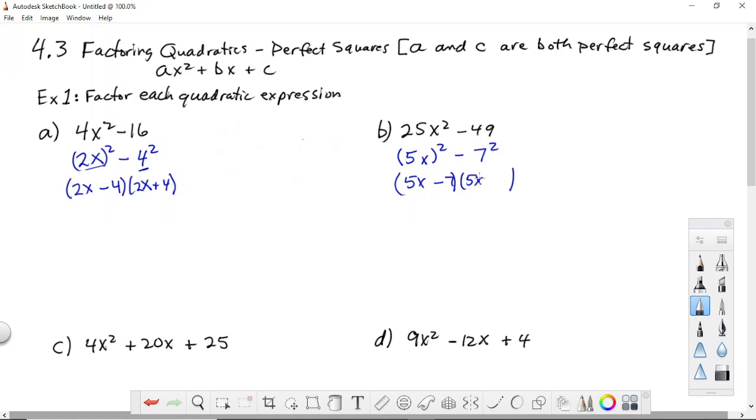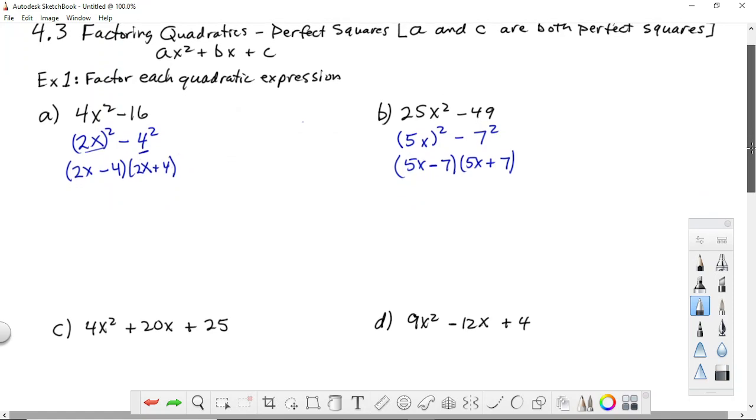And that's it. 5x is the first term in each binomial, and then the first binomial, you take 5x minus 7, and the second one, 5x plus 7. Okay, the 7, of course, comes from here. It's the other thing that's squared in the original quadratic.